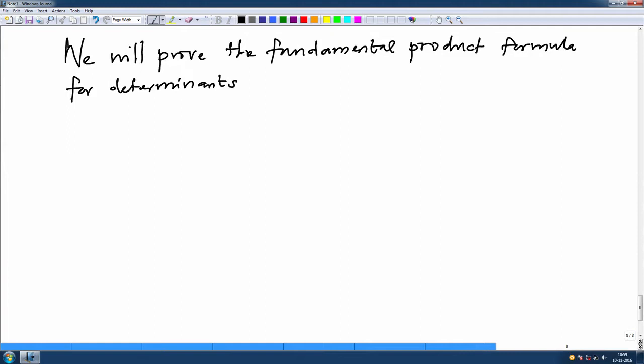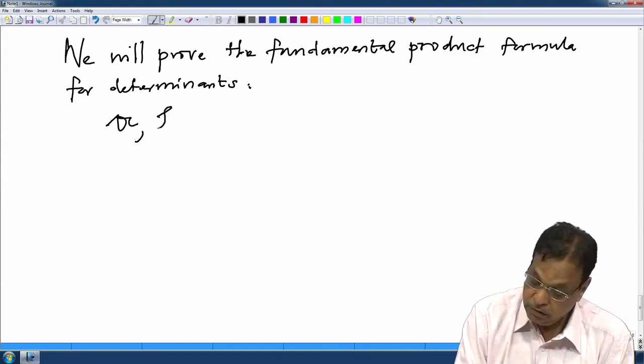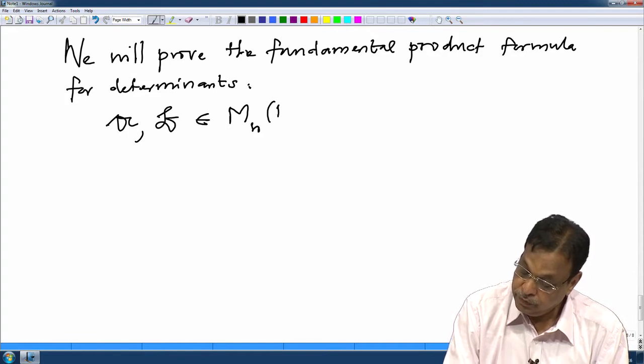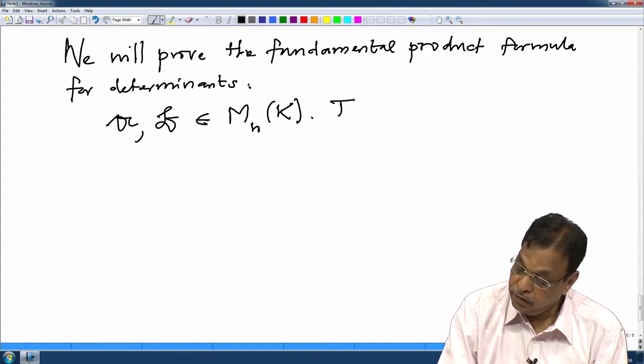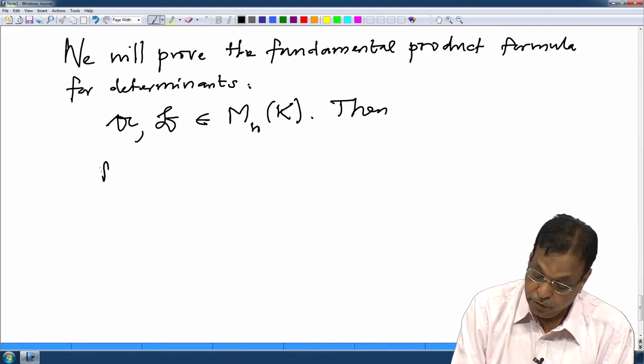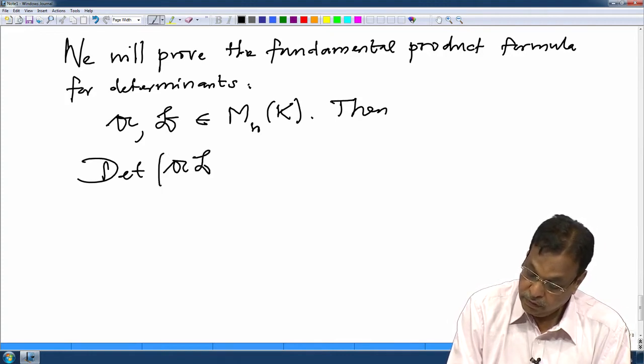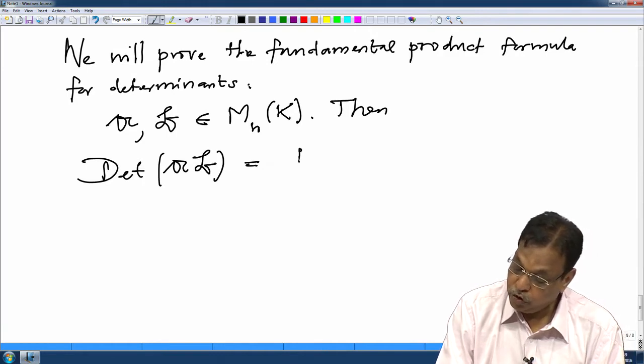So, what do we want to prove? I want to prove that if I have two square matrices A and B of the same order, then the determinant of the product equals the product of the determinants.